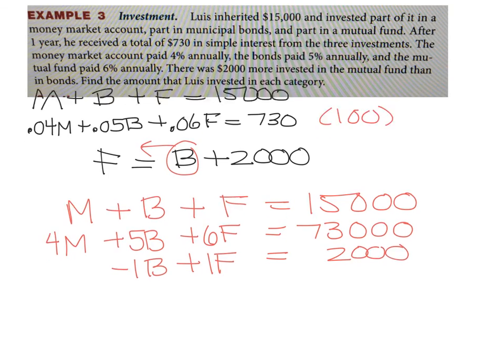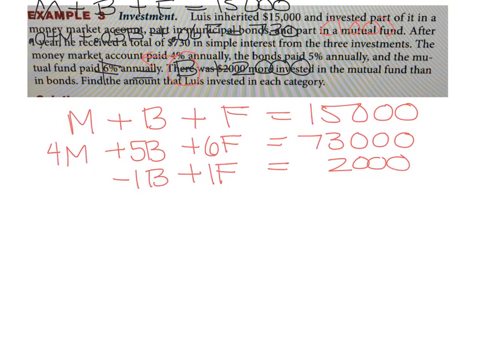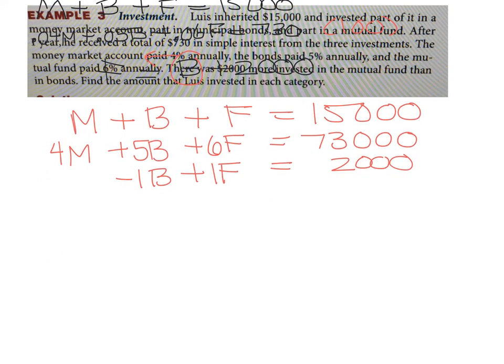Now, if you're following the pattern, so far you're in really good shape because you have row 1 complete. And in row 2, you're going to need to eliminate the 4m. So what we're going to do is take 4 times row 1 and add it to row 2.